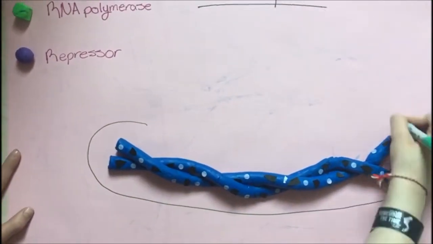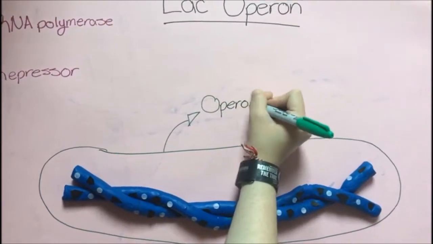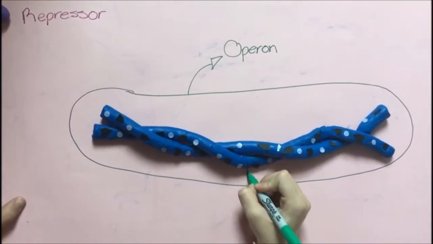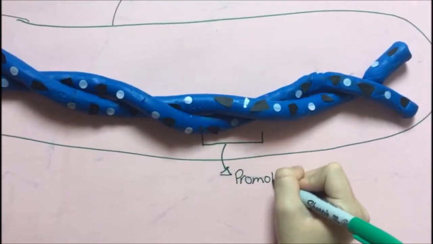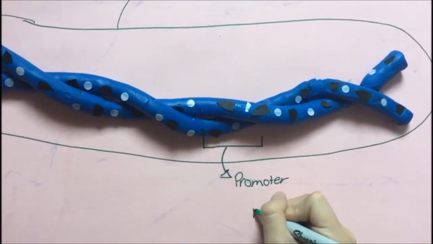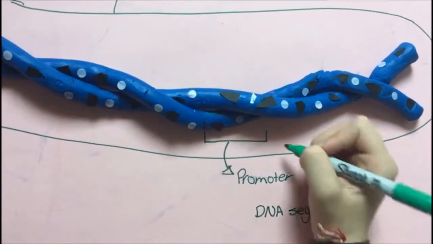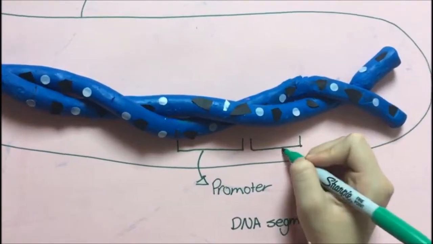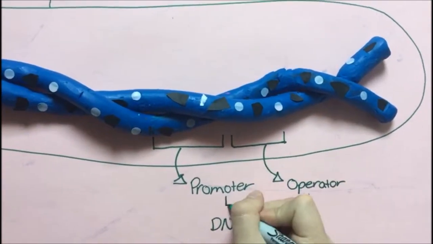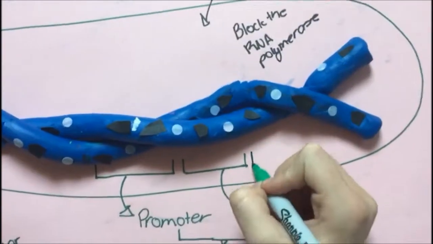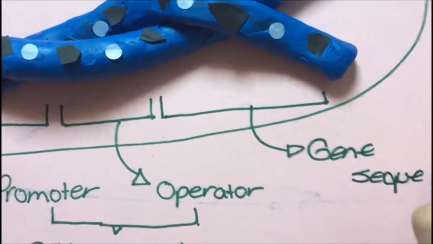All of this process occurs inside an operon, which is made up of a promoter, a segment in the DNA which defines where the RNA polymerase begins the transcription process; an operator, another segment in the DNA to which the repressor will later bind, blocking the RNA polymerase from moving forward; and a gene sequence.